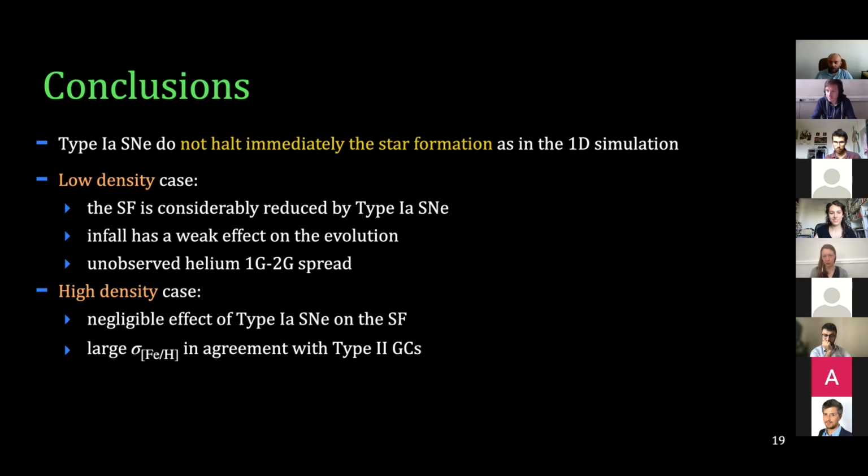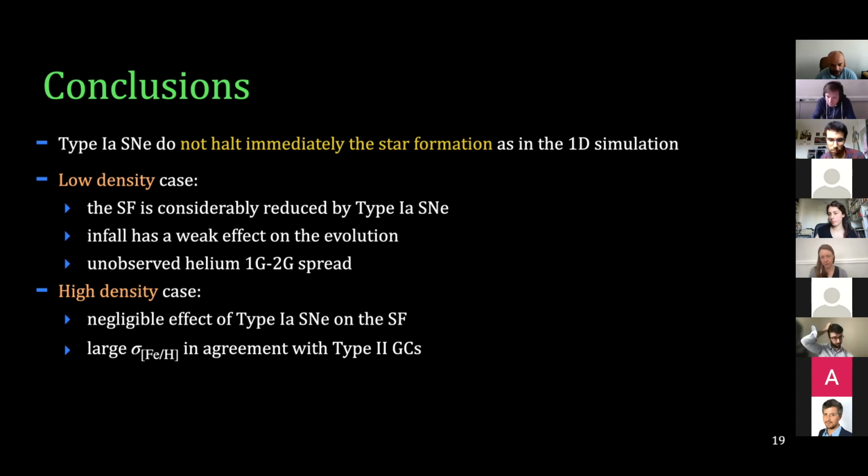Sorry, just to add something important to the discussion. The formation of multiple populations or generations is a very complex problem, and several scenarios have been proposed. I'm talking regarding the question that Taesung asked about the truncated IMF second generation stars.